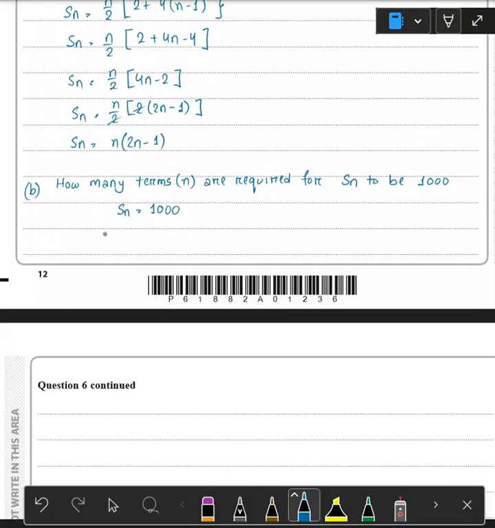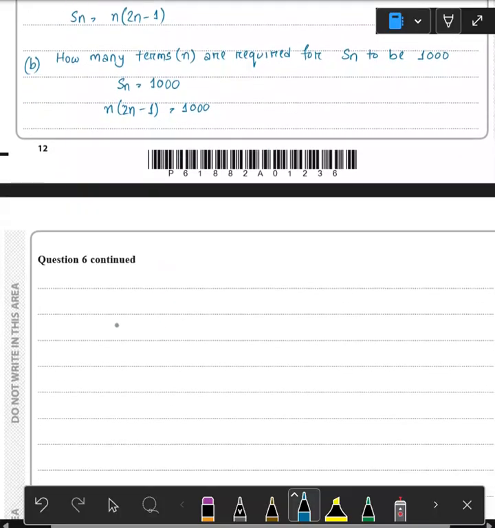Now Sn we got was n bracket 2n minus 1 equals 1000. Now 2n square minus n is equal to 1000. So 2n square minus n minus 1000 is equal to 0.